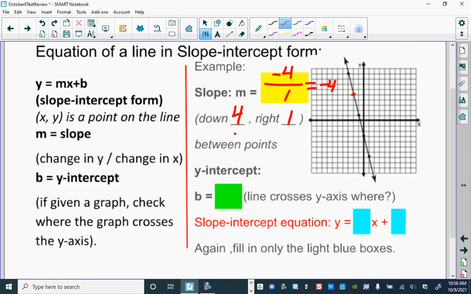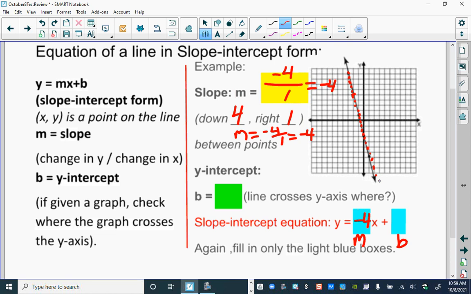You can write that. And I forgot to denote down here which one was m and which one was b. Now, the b: what point on the y-axis does that line cross?